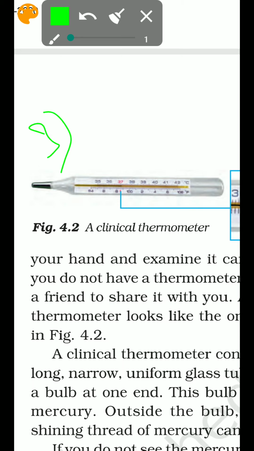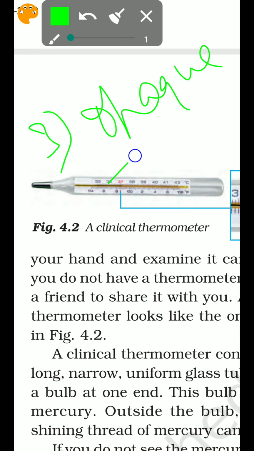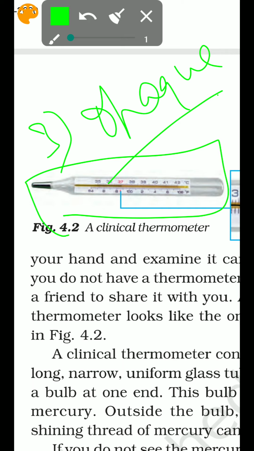The third important point is that it should be opaque. The liquid which we use in the bulb of the thermometer should be opaque. The reason behind that is, if it is transparent, it will not be able to be seen in the transparent glass tube. This is the glass tube which is transparent.